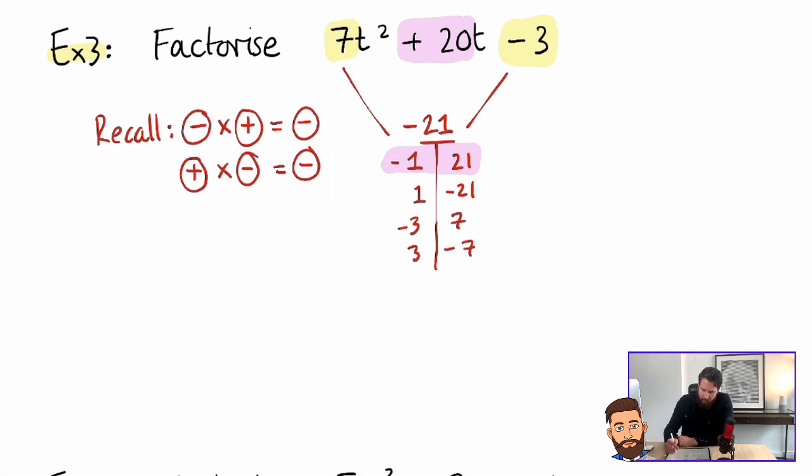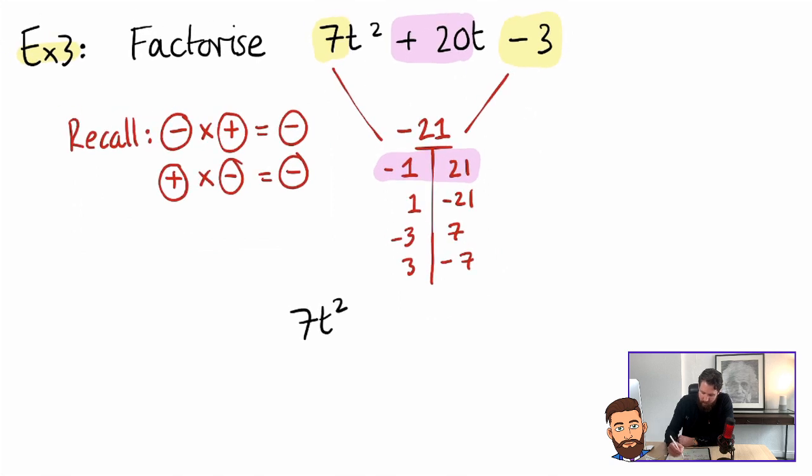Where do we go from there? Well, we will write down our quadratic, and we're going to replace b with minus 1 and 21. Now, here is a situation where we can decide what we want to put where. 21 goes with 3 and 7, so it makes no difference. 1 goes with both, so it makes no difference.